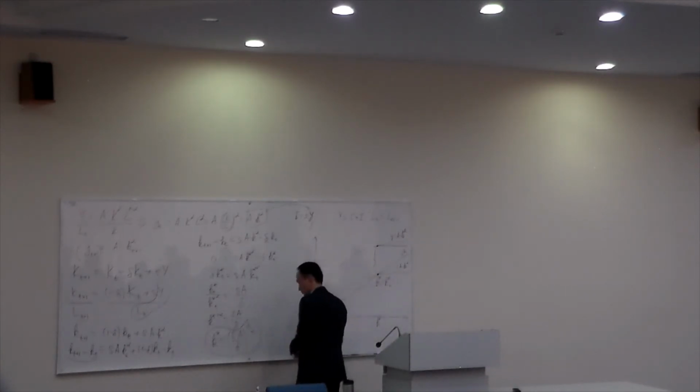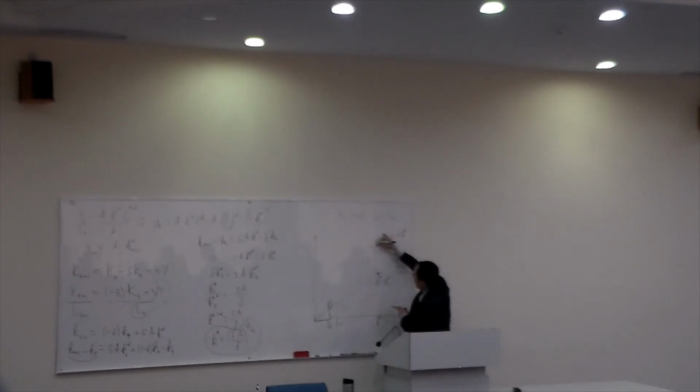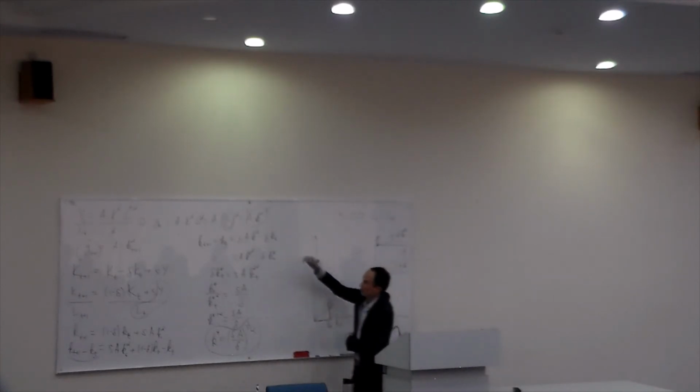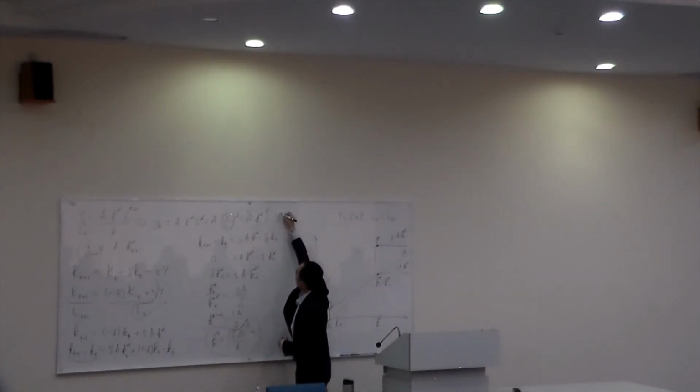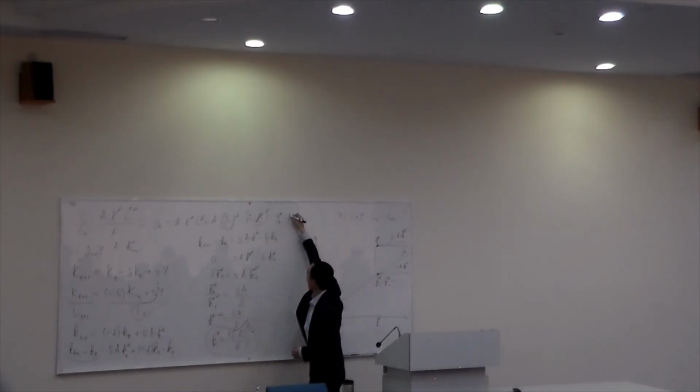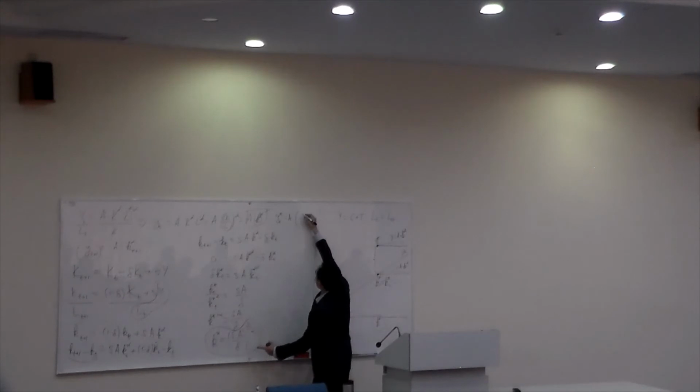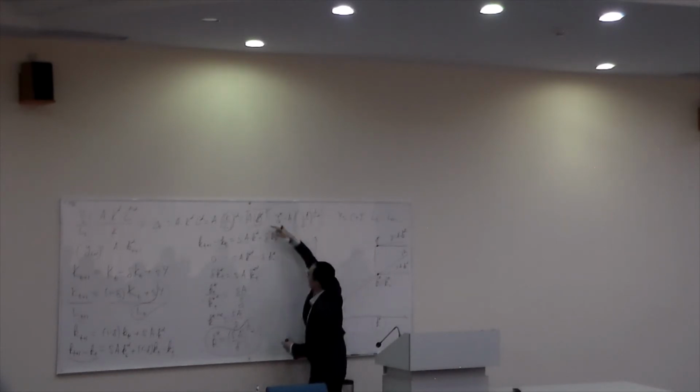We can easily find it, right? Because we already found that our y is going to reach its steady state level if capital reaches that level. So the per capita output in steady state is A times saving rate times technology over depreciation, in the power of 1 over 1 minus alpha, all to the power of alpha.